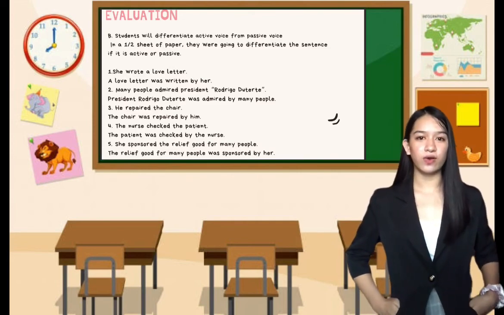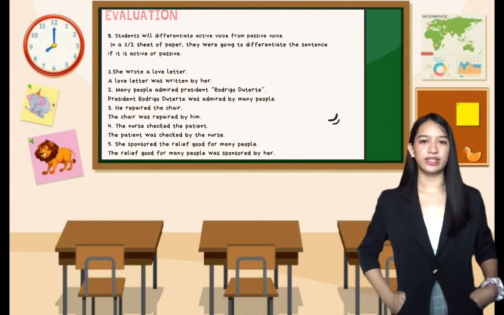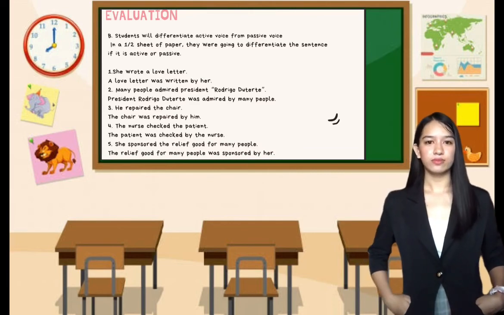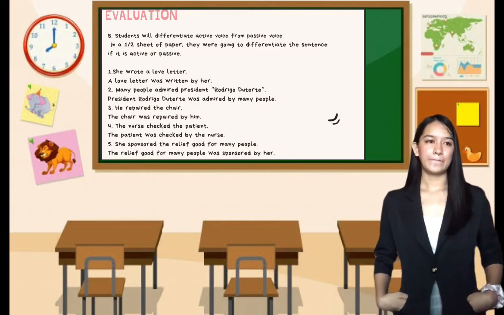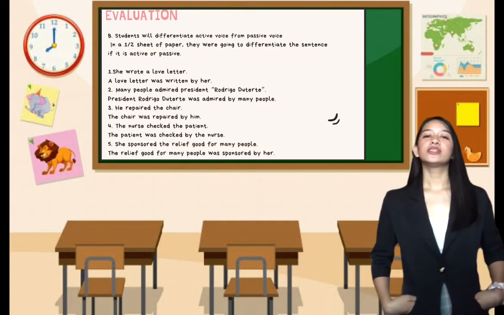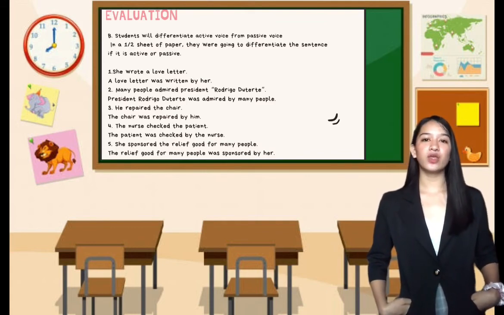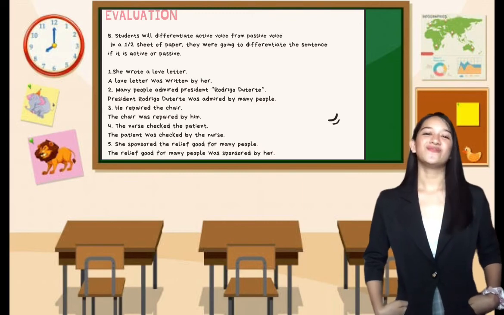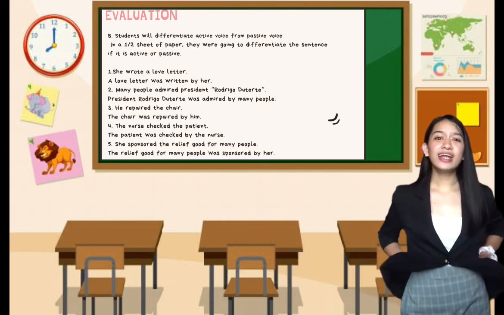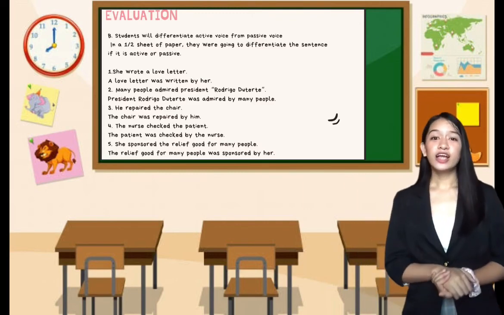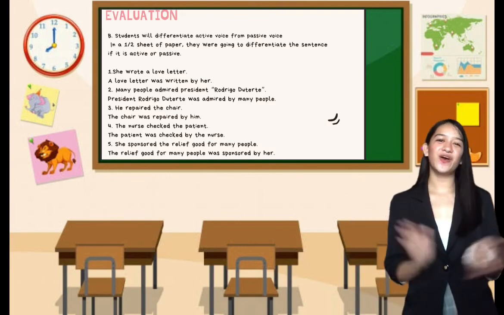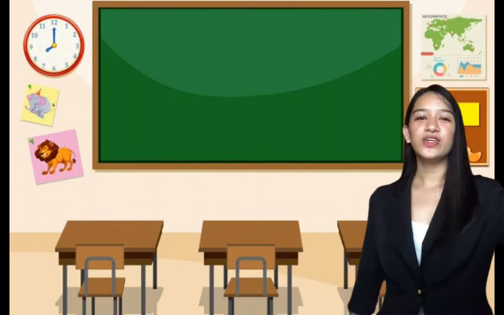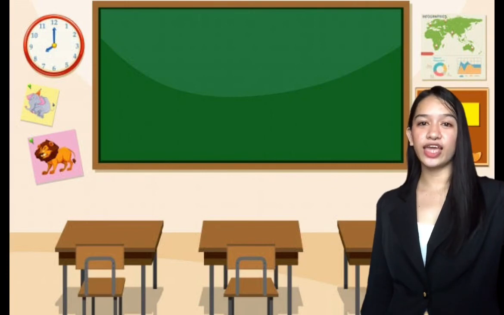So here it goes in our PowerPoint presentation. So again, pass in the front your papers. Very good. You again got the correct answer. Oh, very good, everyone. You really did a great job.